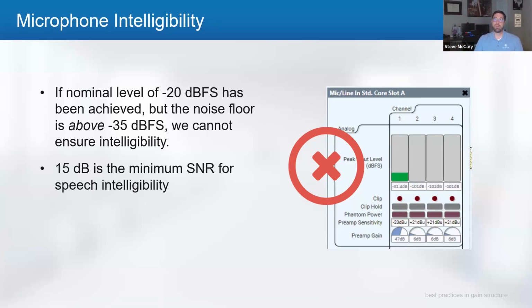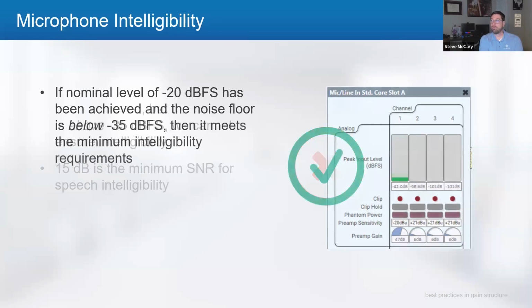So based on our 15 dB SNR that we are looking to achieve, this would not meet our microphone intelligibility standards. So what we would really need to happen is we need to find a way to decrease our room noise. So same thing, when you stop talking, we are now below negative 35, meaning that we have more than 15 dB.